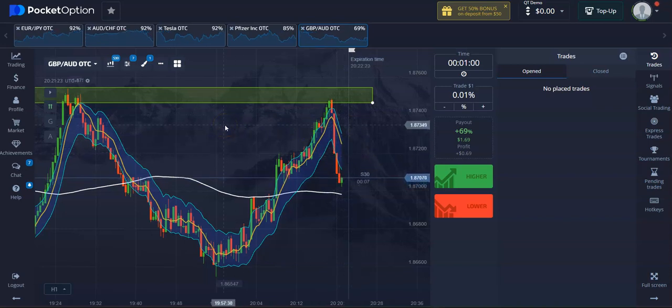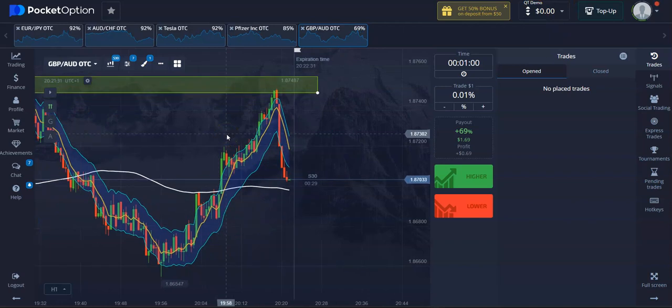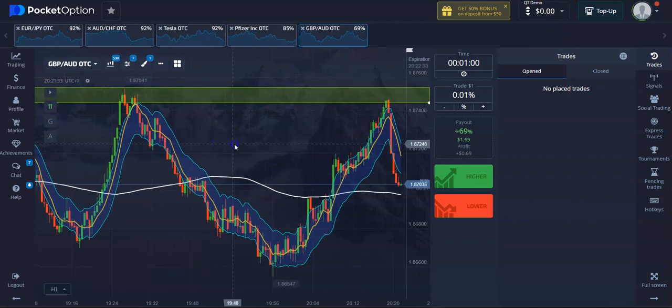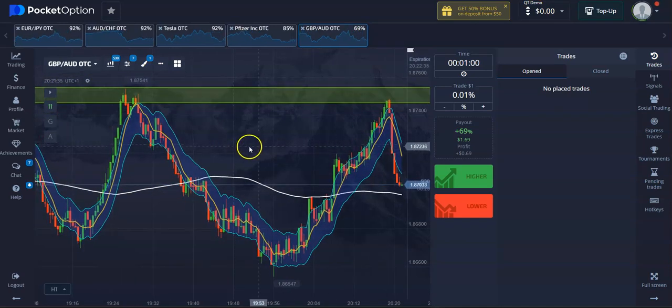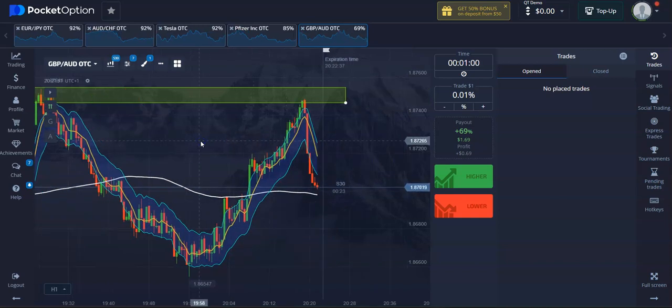Okay, but I failed to do that, so I lost that trade. Hence me using the demo account, because demo account is exactly for that, for you to test out your strategies, and also learn from your mistakes and things that you don't get a chance to do when you're doing the real trading.